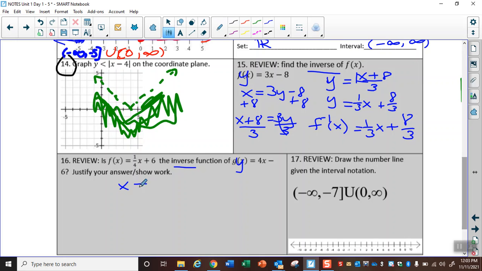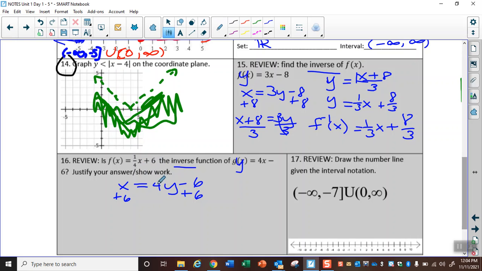So I'm going to say x equals 4y minus 6, because this was g of x, so I'm just going to make it be a y. And then now I'm going to make my y's into x's and my x into y. Then I'm going to try to get my y by itself.